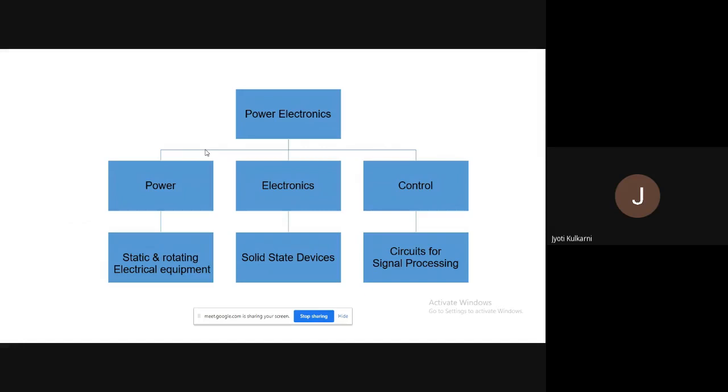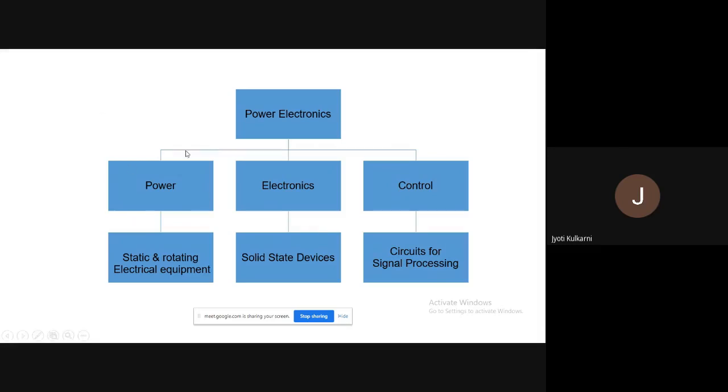But if you come to the electrical lab, your supply is 230 volt single phase, 440 volt three phase. As the power handling capacity is very large in electrical engineering, the devices I use should be able to handle that power in a large capacity. So those semiconductor devices are called power semiconductor devices.